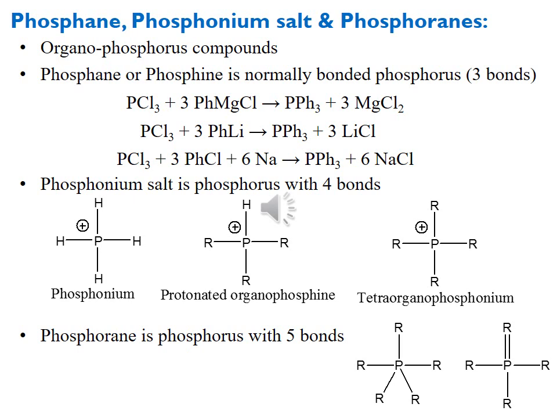And in the end, phosphoranes are the compounds in which phosphorus shows five bonds. That is, phosphorus is pentavalent. Phosphorus is attached to five alkyl groups, or phosphorus is attached to four species, four alkyl, three with single bond and one with double bond, but four groups are carbon, then it is known as phosphorane.